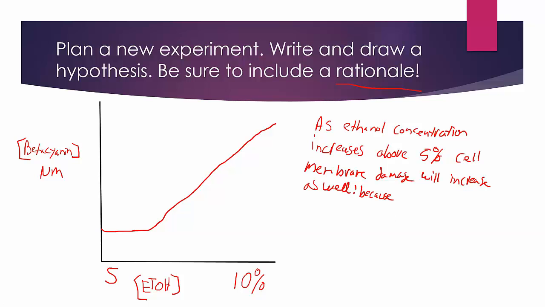Membrane proteins will be denatured, increasing leakage above 5%. So the rationale is the because, or the reason why. You can do this by putting in a because after your hypothesis.